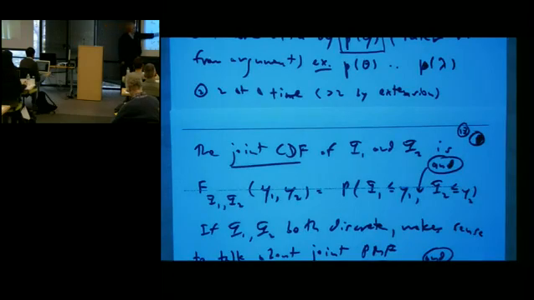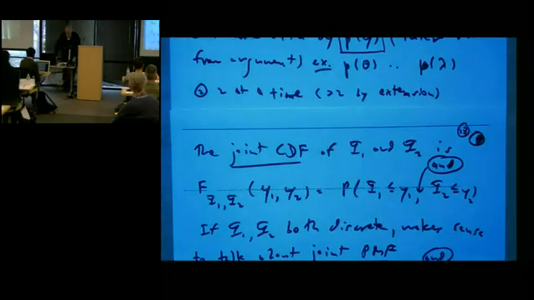Following the same notation, it would be capital F subscript capital Y1, comma, meaning and, capital Y2, evaluated at the arguments lowercase y1, comma, meaning and, lowercase y2. And that's equal to just the obvious thing: it's the probability that big Y1 is less than or equal to little y1, and big Y2 is less than or equal to little y2. So the comma in all these expressions essentially means and.